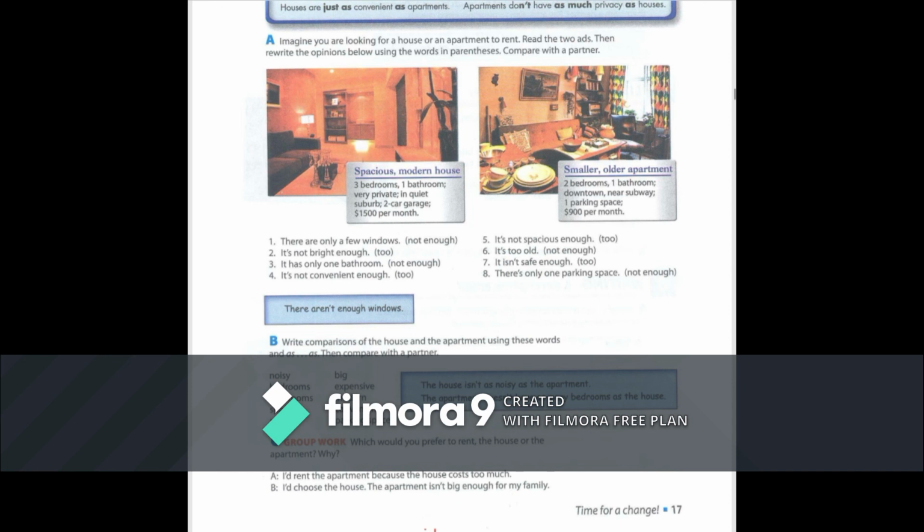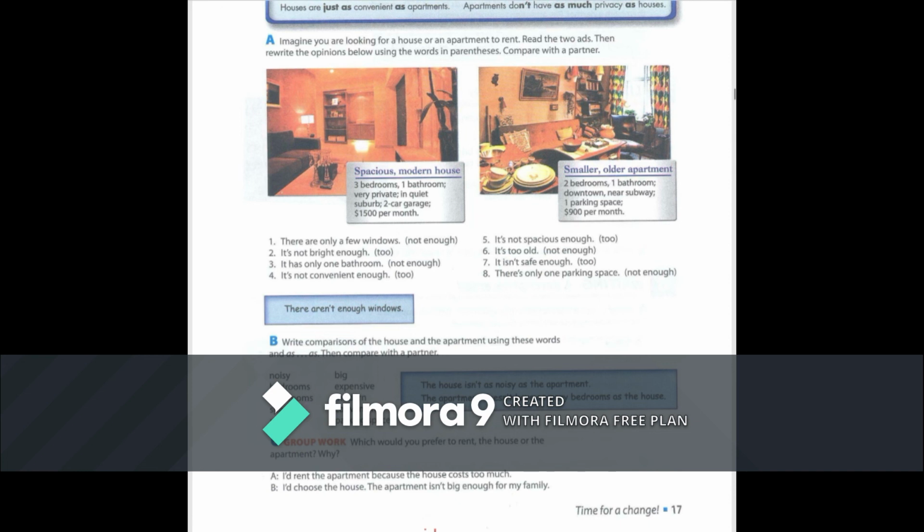Here I'm making both house and apartment have the same number of bathrooms. But the point here, I said many bathrooms. I didn't say much bathrooms because bathrooms is countable, so I can count them. So I put many, I don't put much.